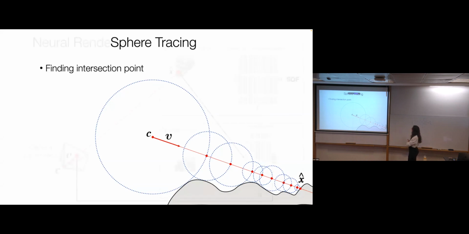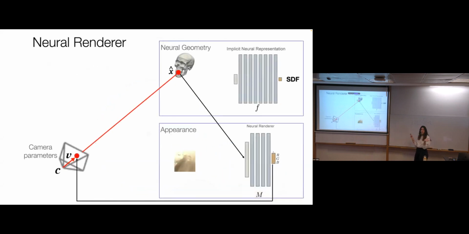Continuing, okay? Great. We found the intersection point, but now we need to render this point. Eventually you don't care about what happens before. If you want to render this pixel, you just want to find this intersection and find its color. And for that, we're going to have another small network that we'll call the neural renderer.